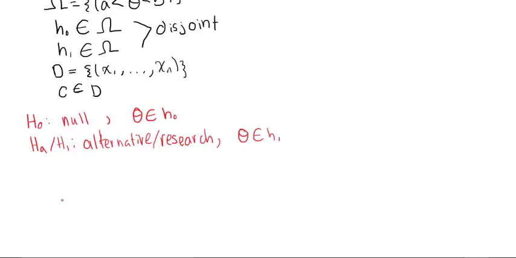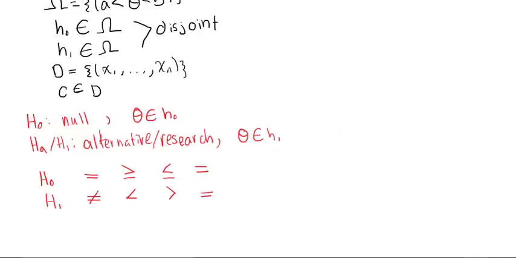Now, in general, h naught will always have an equality, so it will either be equals, greater than or equals, or less than or equals. And h1 will either be does not equal, is less than, or is greater than, and we can also have a fourth option where they are both equal.